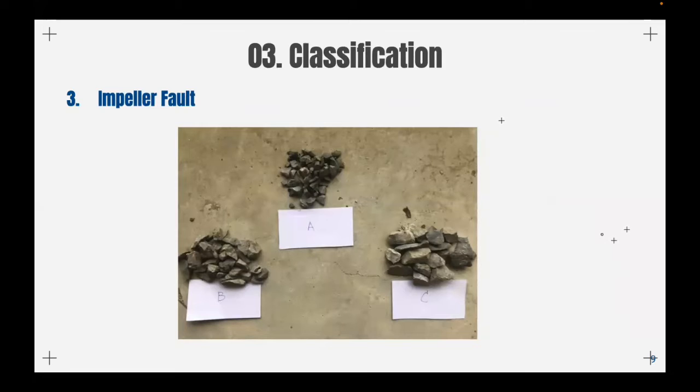And the last one, for the impeller fault, we attempted to insert gravel into the pump system to damage the impeller of the pump and see the result afterwards. There were three sizes of gravel that we used as samples, as shown in this figure.